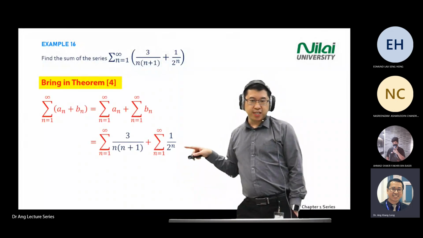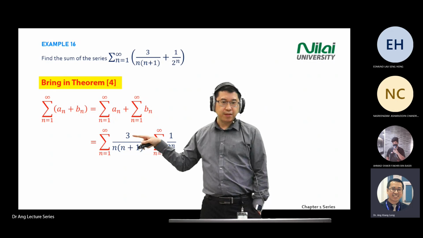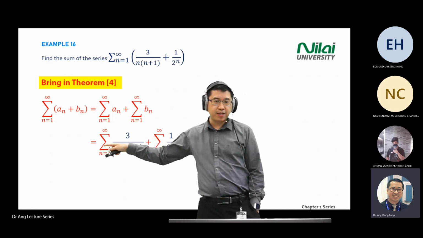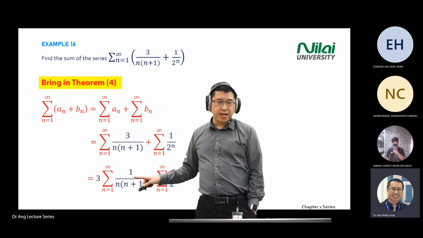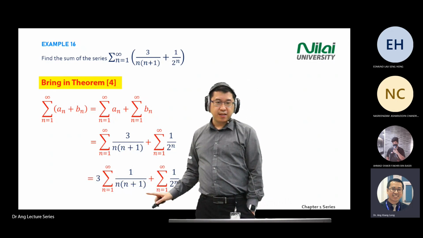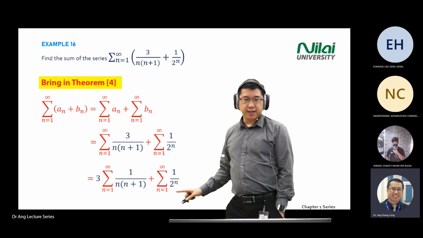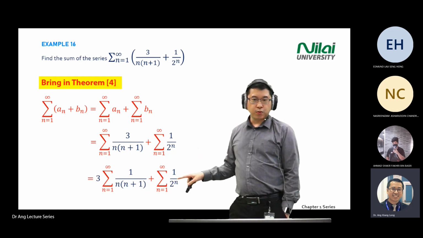So when you come to this step, you know this one is a constant value. You push the number 3 outside the sum. You write 3 summation of 1 divided by n times n plus 1, plus 1 over 1n. So this is the pattern that we always want you to get.